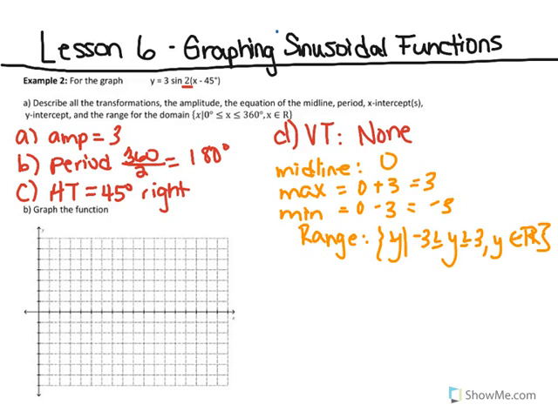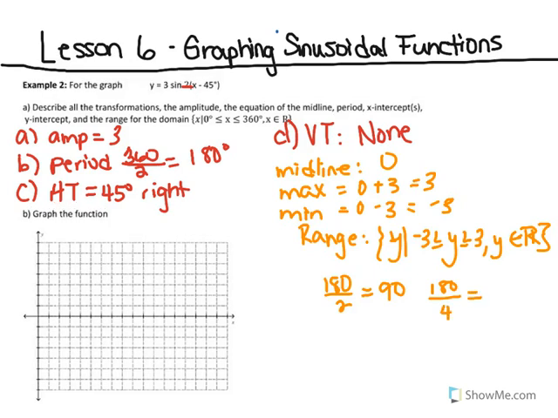And then another useful piece of information is that 180 divided by 2 is 90, and 180 divided by 4 is 45. So those are going to be useful information for us.